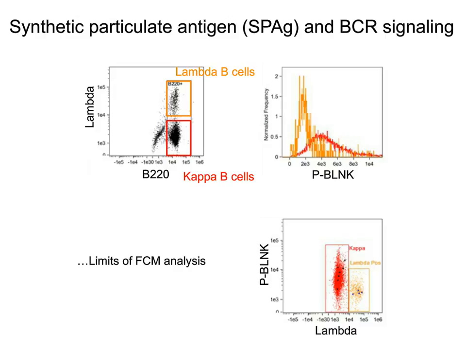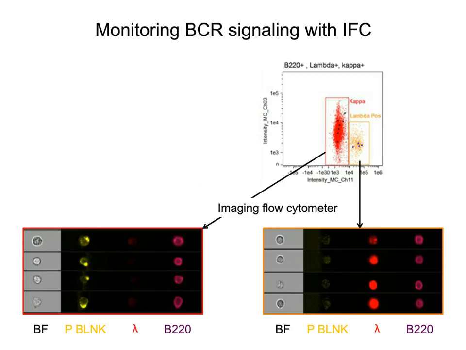So here again, the imaging flow cytometry is doing better than conventional flow cytometry. In fact, the problem with flow cytometry is that you have a background signal that makes your life difficult whenever you are looking for the positive signal of phospho-BLNK.